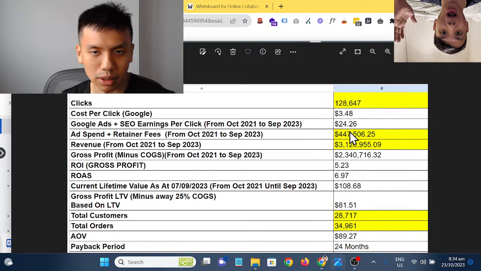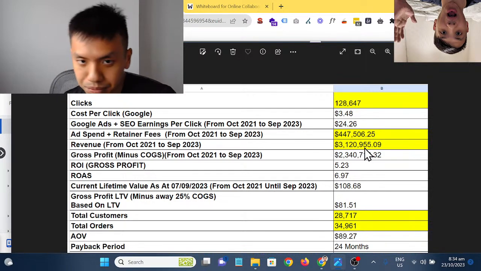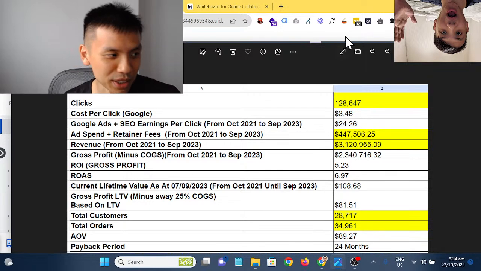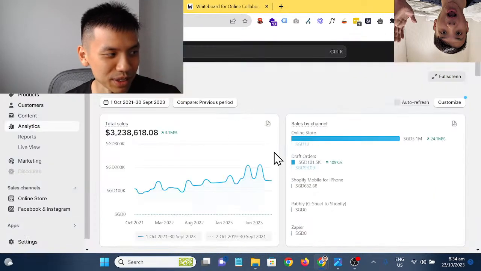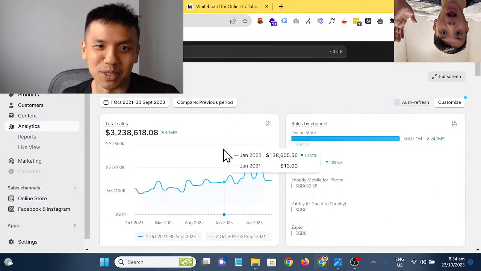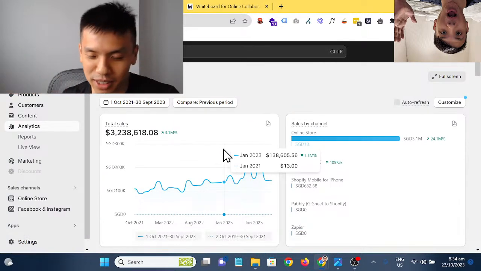That resulted in this earnings per click, and this return on investment of 5.23 in terms of gross profit, across a 447k marketing spend. We did both SEO and Google Ads, and it spit out 3.1 million. You might be asking why this 3.1 is lower than the 3.2 we saw earlier. Obviously, because the screenshot was taken a couple of days back.